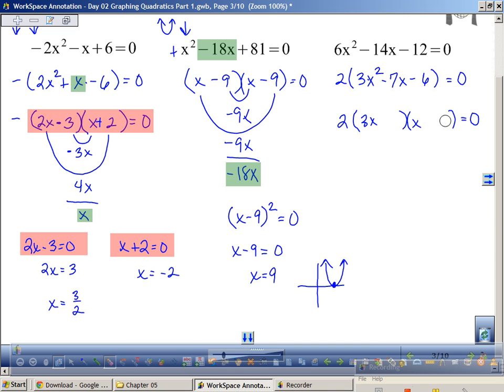That's not going to help me. 2 and 3? That's going to be 2x and 6x. Is that going to help me? What about 3 and 2? 3 and 2. So I'll have a 3x and a 6x. That doesn't help me. Where do we mess up?